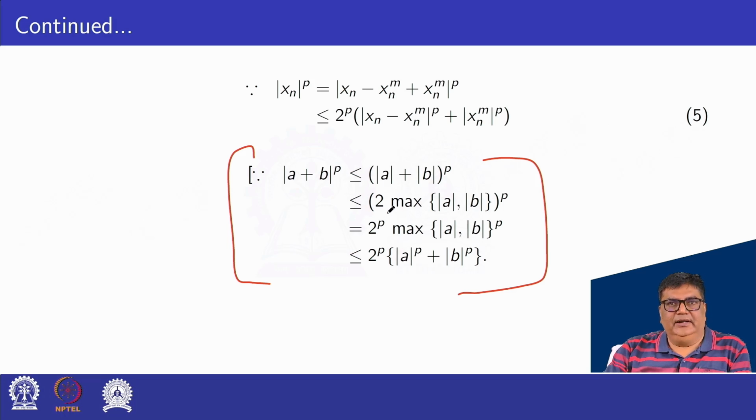So we can write this is less or equal to (2 max(|a|, |b|))^p, so 2^p and max(|a|,|b|)^p. Since we can add any value that is less or equal, we can write |a + b|^p less or equal to 2^p (|a|^p + |b|^p). So |x_n|^p is less or equal to 2^p (|x_n - x_n^(m)|^p + |x_n^(m)|^p).